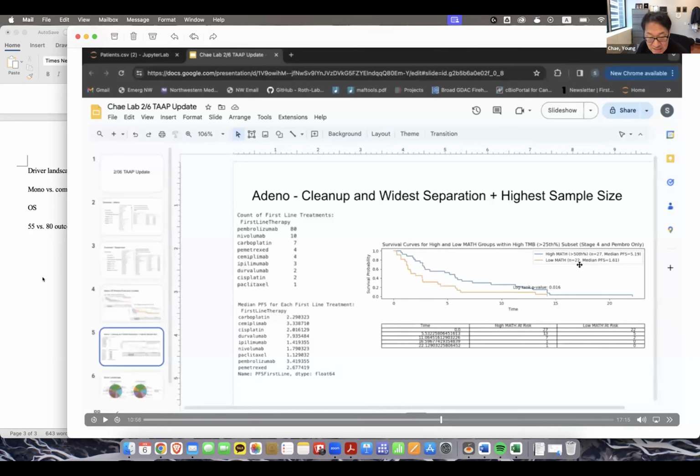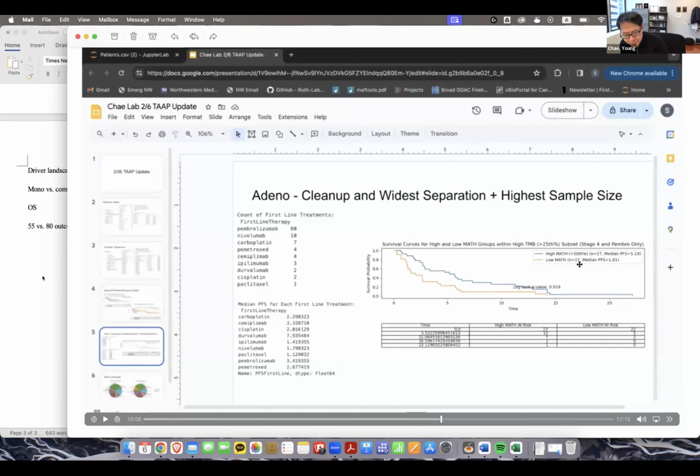Especially in squamous, we didn't see what we saw in the TCGA paper. So the chance of this getting to ASCO is still low, but I think we can try.